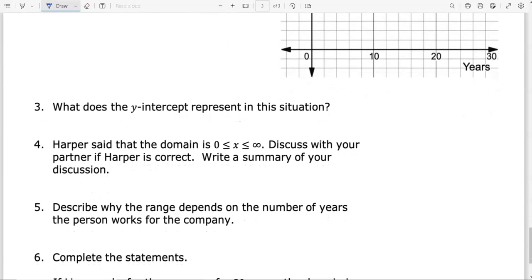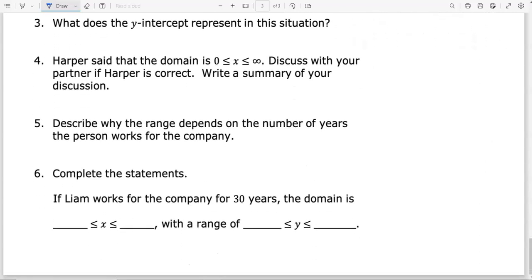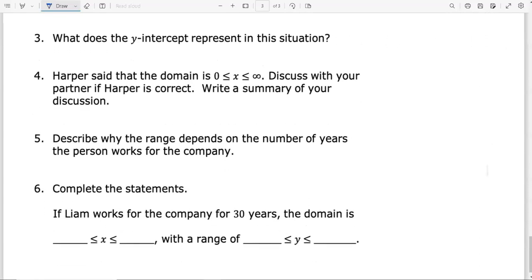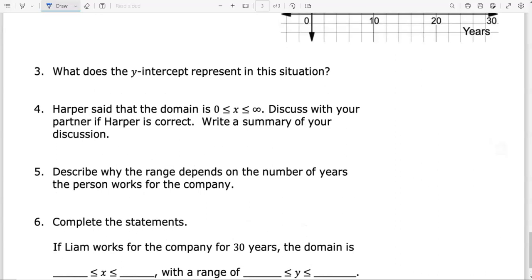Describe why the range depends on the number of years. So range is my y's, right? And then number 6, we got some fill in the blanks. So it gets you thinking. We have time. We have 10 minutes. Work with a friend, talk it out. And then tomorrow we're going to do some practice with all the stuff we've done this week. And we'll move forward to 11.5 on Monday.